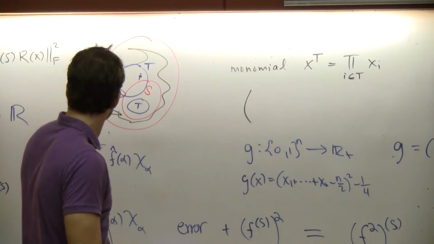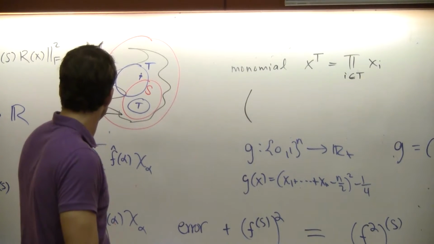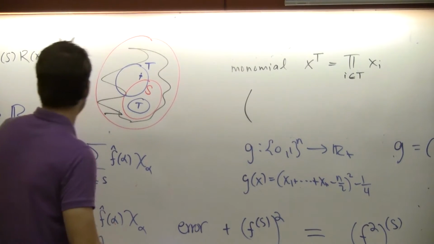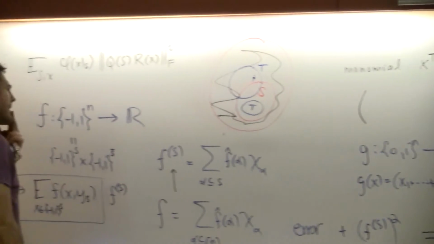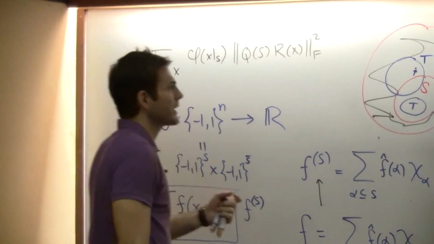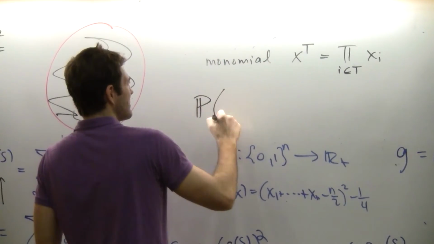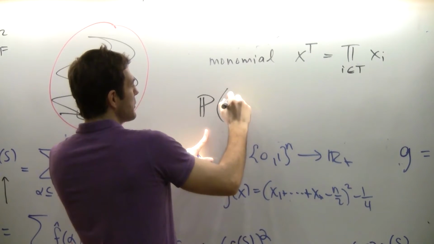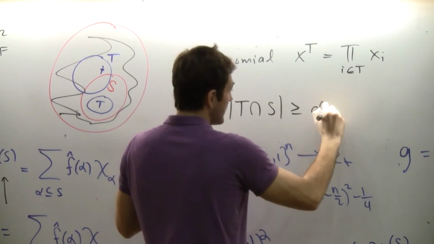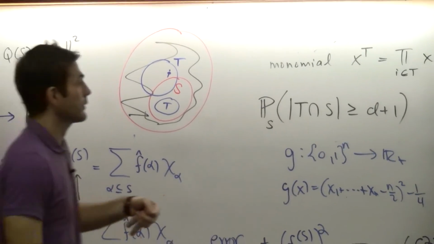Choose d. Here's what I want to compute. I want to compute the probability that T intersected with the set S is bigger than d plus 1, which is the bad event for us, that we get something with degree bigger than d plus 1 afterwards.